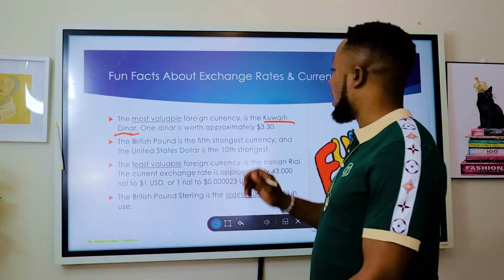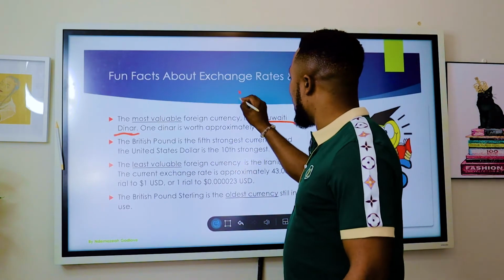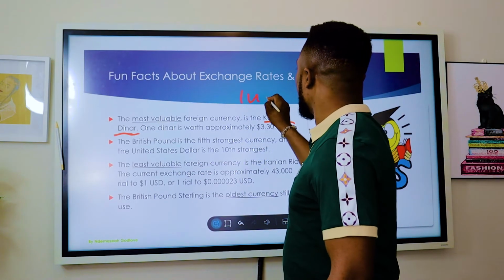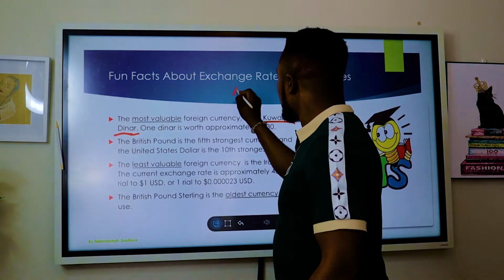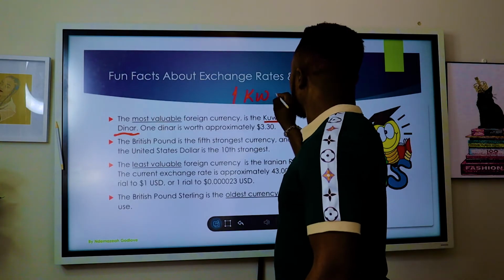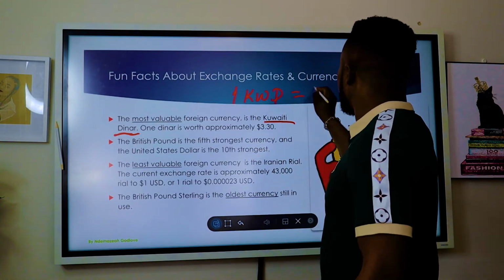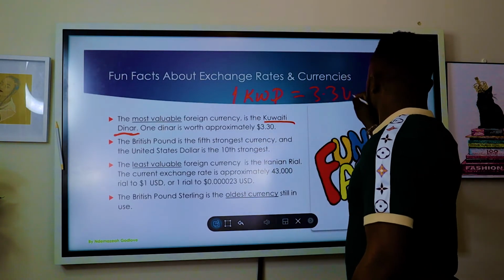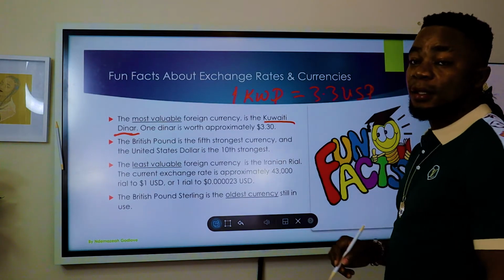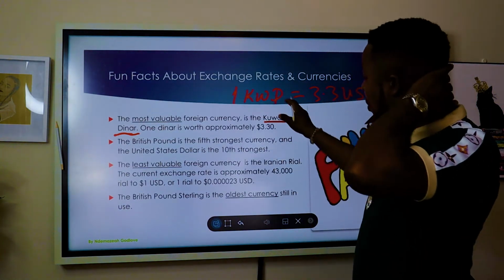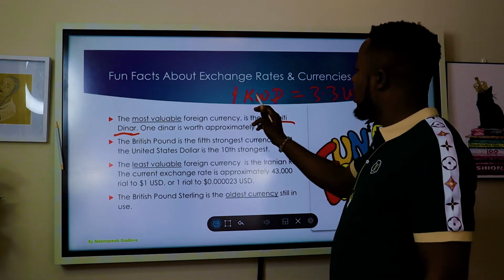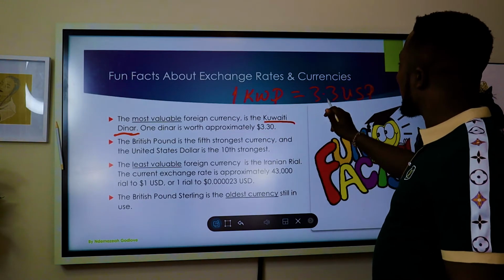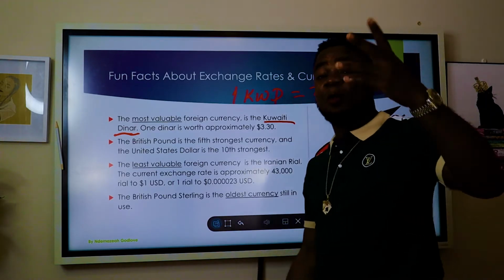That's the Kuwaiti dinar, because one Kuwaiti dinar is equal to 3.3 USD. All right, so you see how powerful this particular currency is. For you to be able to buy one Kuwaiti dinar, you need about 4 USD.